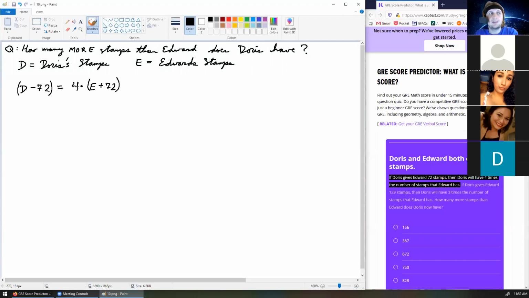In other words, it's saying Doris equals 4 times the amount Edward has, but not their current values. It's not saying their current values are that. It's saying only if we give 72 of Doris's stamps over to Edward.